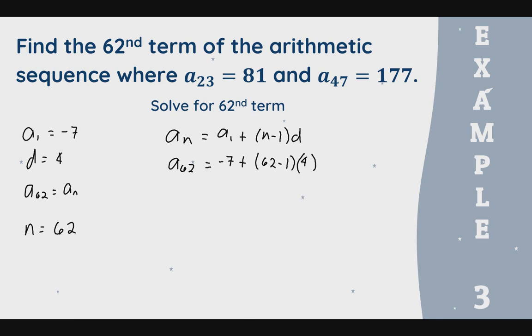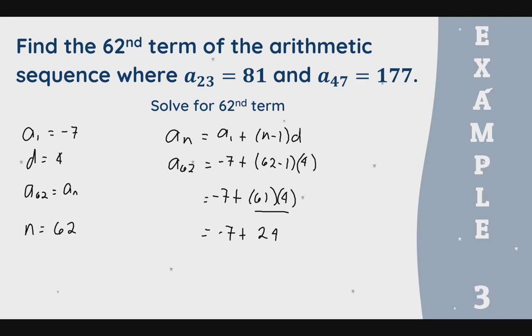So a sub 62 is equal to negative 7 plus 62 minus 1, which is, very good, 61, times 4. Now, let us multiply 61 by 4. We will get negative 7 plus 244.